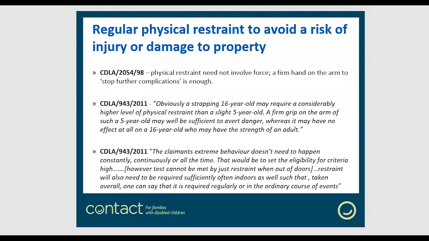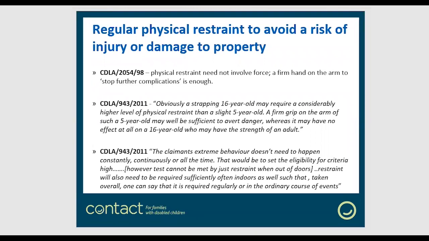So for example, while a hand on the arm of a small child who's very slight, a 5 or a 6-year-old, might be sufficient, what restraint looks like for a 6-foot 15-year-old is going to be something very different. For a much larger, more physically imposing child, it might involve, say, 2 adults interlinking their arms with the child, something like that, to try and prevent them from injuring themselves.